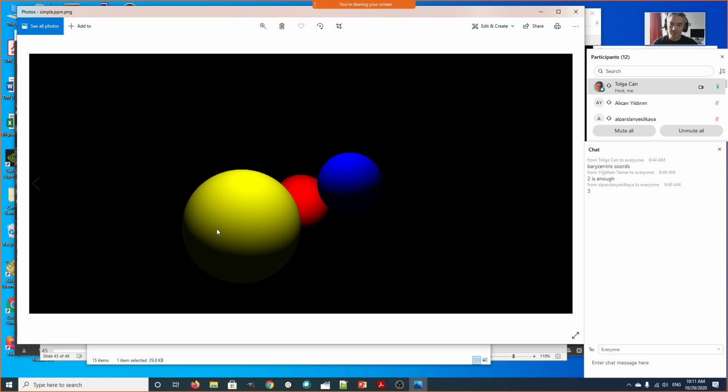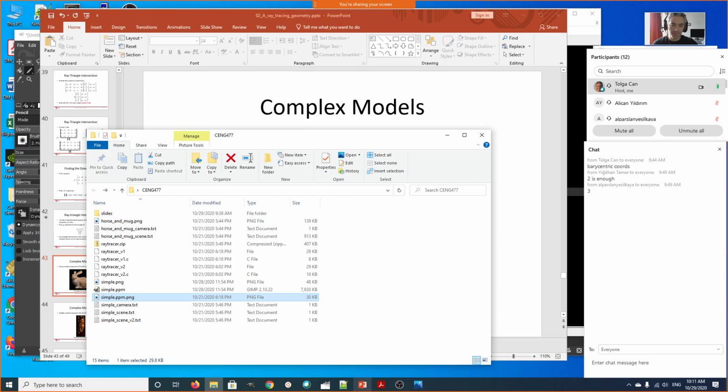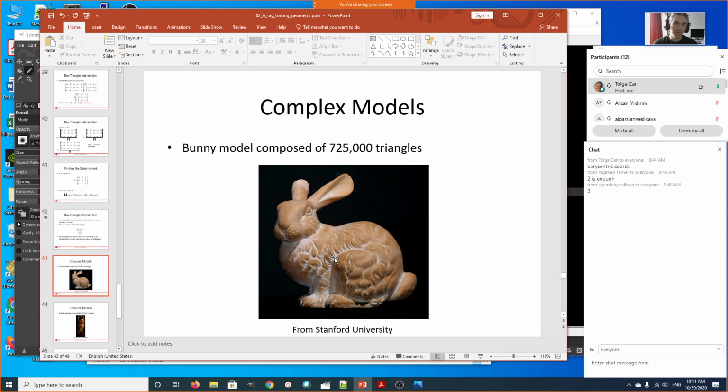You see different shades of yellow here, but the entire sphere is still the same material property. In order to have a figure that looks like this bunny, we need to give variable materials to different parts of the surface, and this is called texture mapping. Texture mapping is the simplest way: you're just varying the diffuse color.